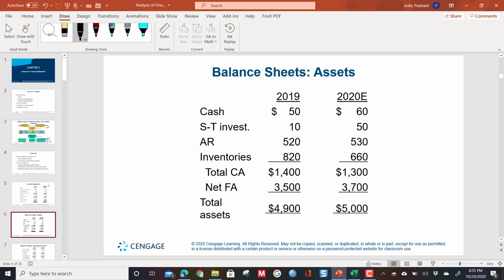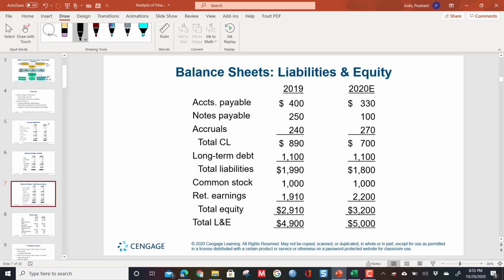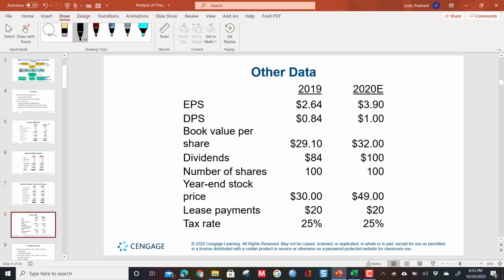Then there is the balance sheet, the asset portion of the balance sheet, and this is the liability and equity component of the balance sheet. The other data is EPS, earnings per share, dividend per share, book value per share, and number of shares outstanding. The stock price is provided, and the company makes a lease payment of 20 million, and the tax rate is given.